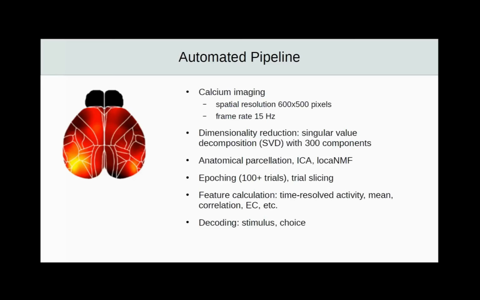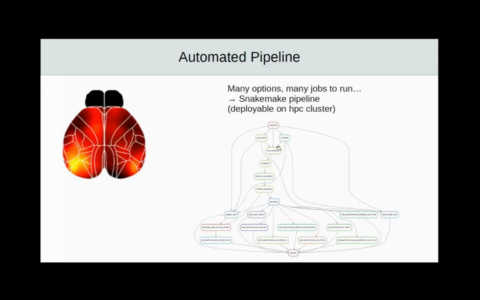Because we had a lot of options in this pipeline, maybe you don't see that graph so clearly, but those are all the sorts of options that we have in our pipeline.